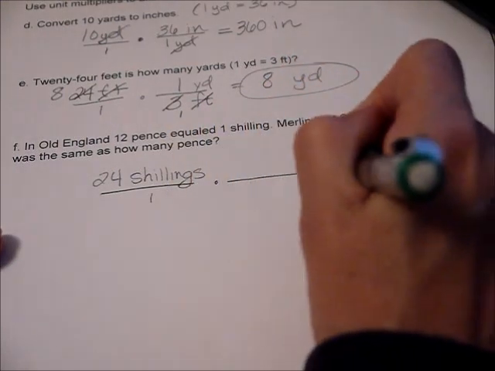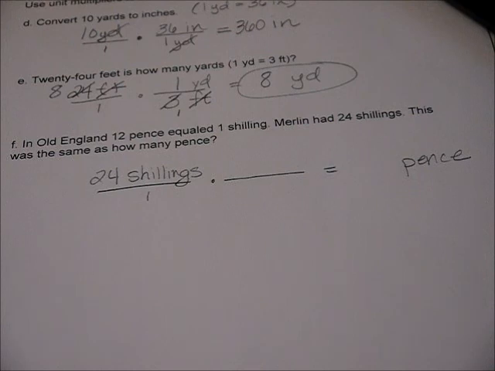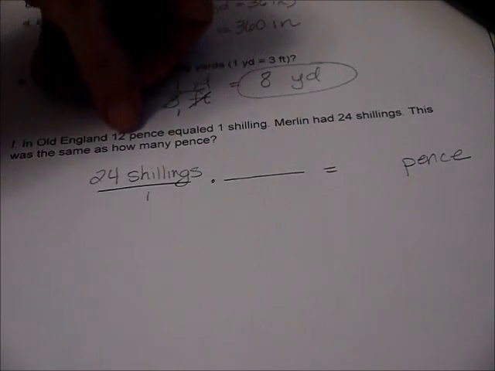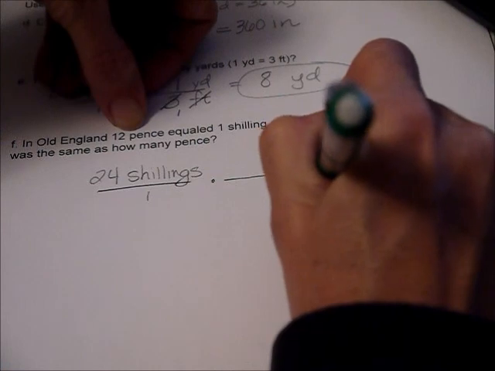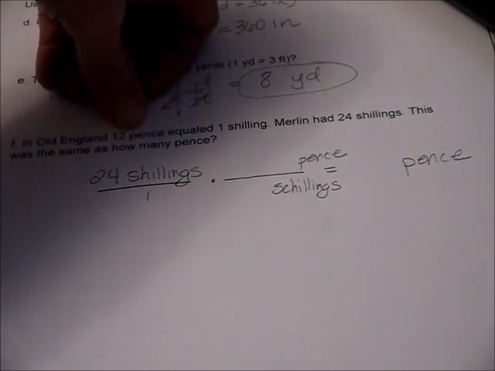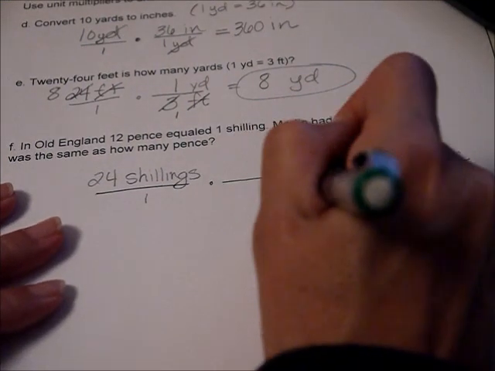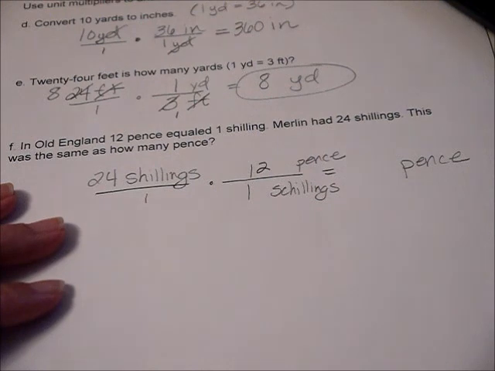We do our unit multiplier. My final answer I want in pence. So I either put 12 pence on top or 12 pence on the bottom. Well, we want to have shillings down here so that those will cancel out, and we want pence on top. So we have 1 shilling is 12 pence.